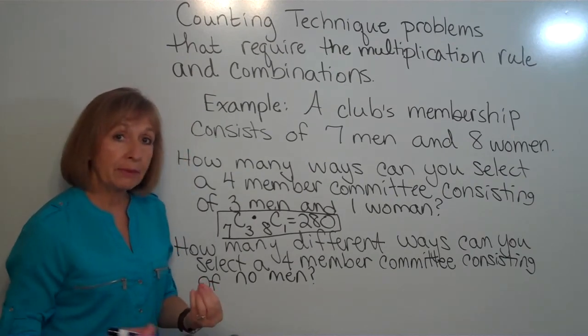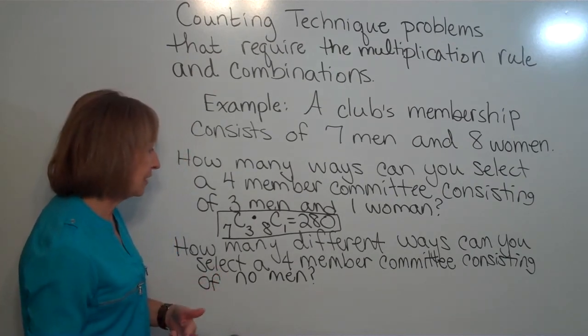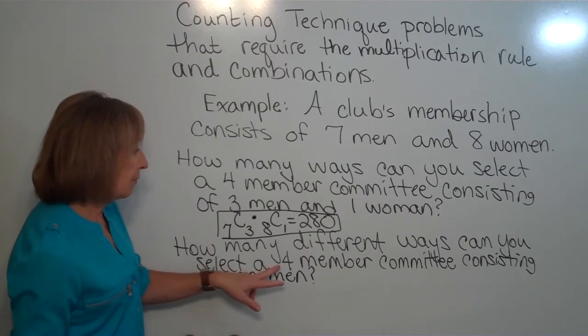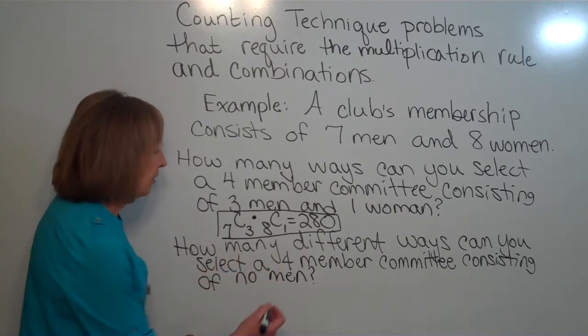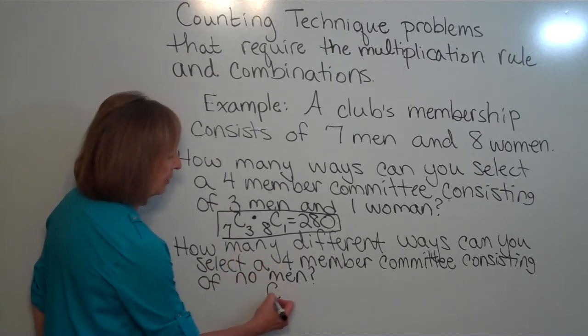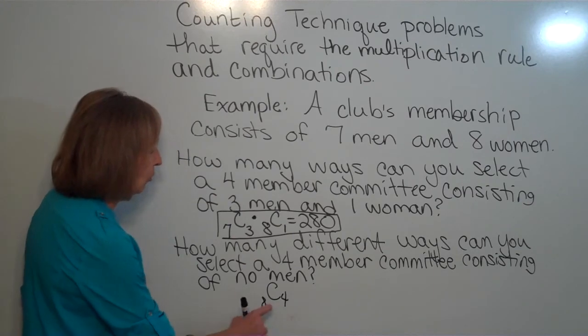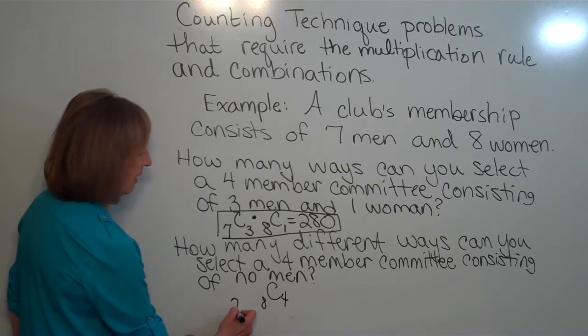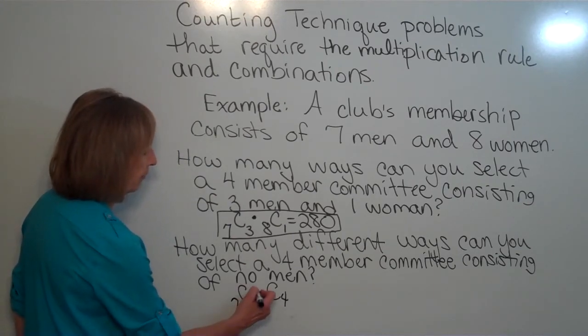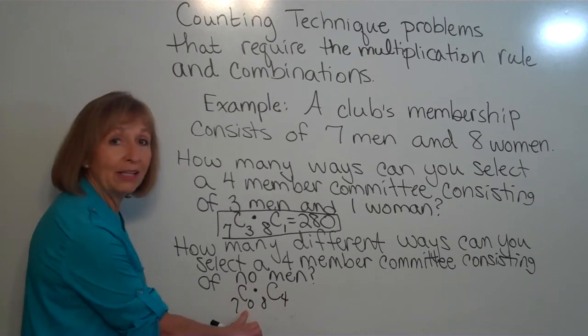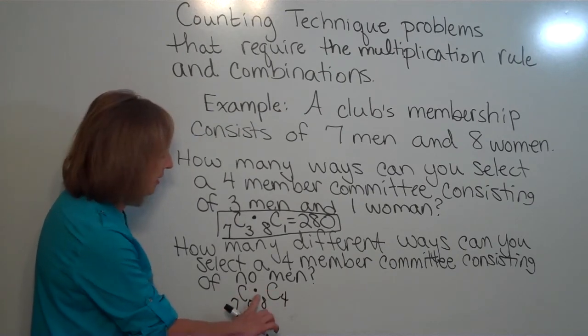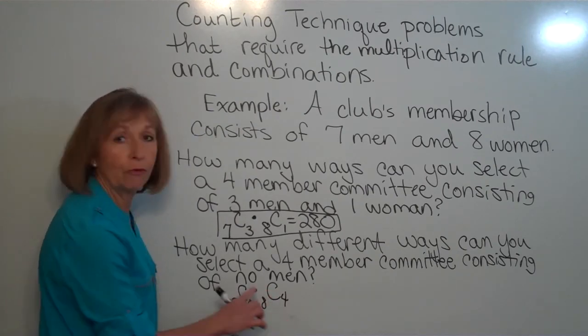So I could do that and I would get the same answer if I just said, well, all 4 of them are women, so I can just do the combinations of 8 things and choose 4 of them. And we'll go ahead and put the 7 combination 0 in front of it, but this value is just 1. So 1 times 8 combination 4.